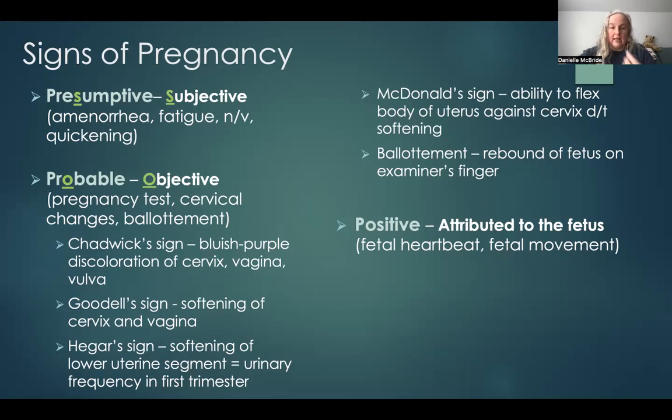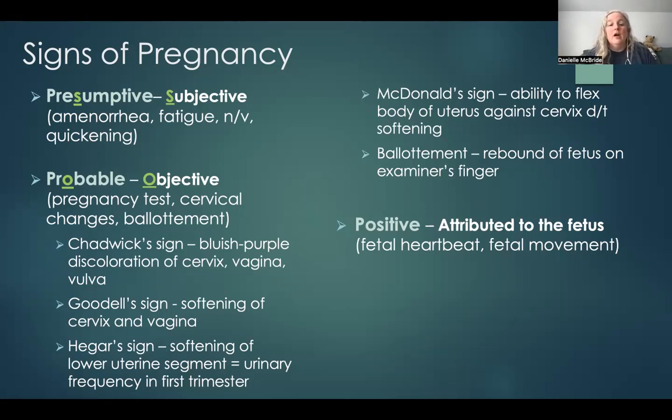Probable signs of pregnancy. Probable has an O in it, and it reminds us that these are objective signs. So probable signs of pregnancy are things that mean she's probably pregnant. Probable signs include things like a positive pregnancy test. If she comes to the clinic and you do the pregnancy test and the lab comes back and says, yep, she's pregnant, that's a probable sign.